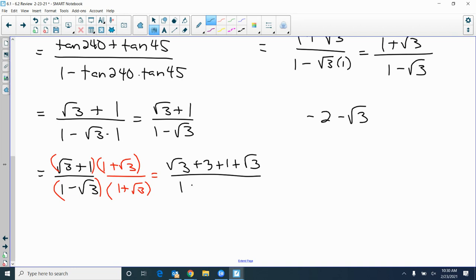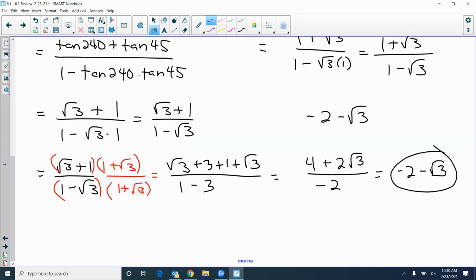I get 1 minus 3, it looks like. So I get 4 plus 2 radical 3 over negative 2. And when you divide by negative 2, that's where you get negative 2 minus radical 3. So you can get what they got in the back, but I'm not overly concerned. You can definitely stop here.